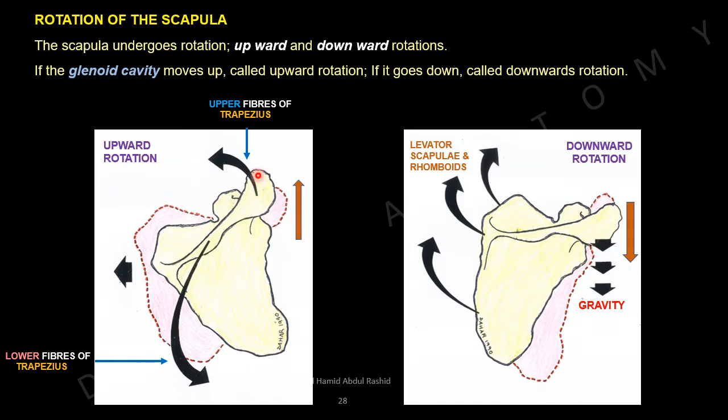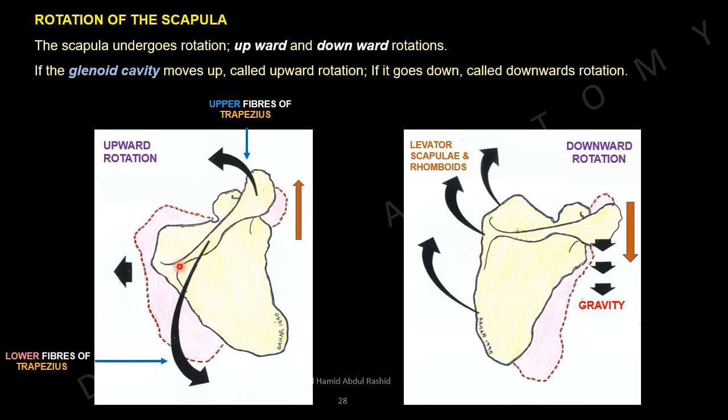In this diagram, you can see this is the spine of the scapula. This is the acromion, which is at the lateral end. At the medial end is the tubercle of the spine. At the lateral end, the fibers attached are upper fibers of the trapezius.